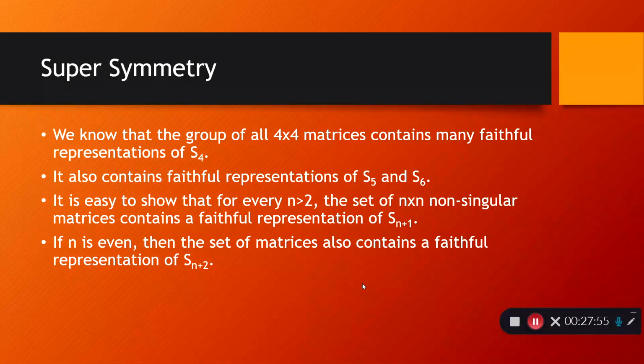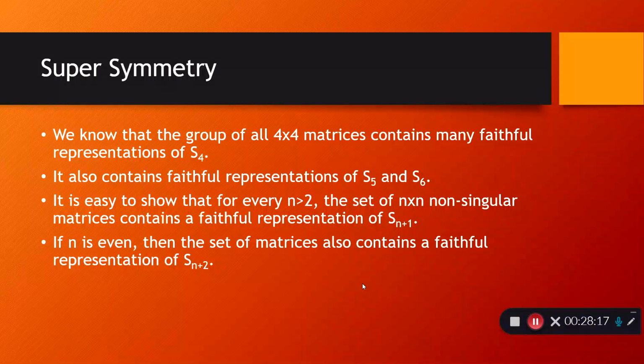There are 2 different conjugacy classes of S sub 5 representations. And it's easy to show that for every n greater than 2, the set of n by n non-singular matrices contains a faithful representation of S sub n plus 1.